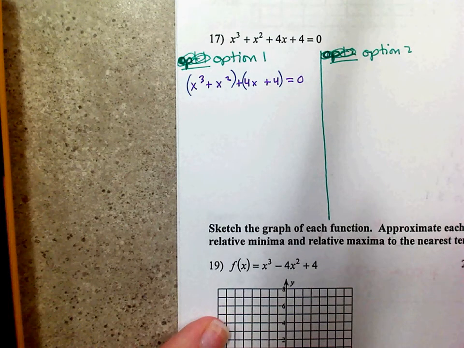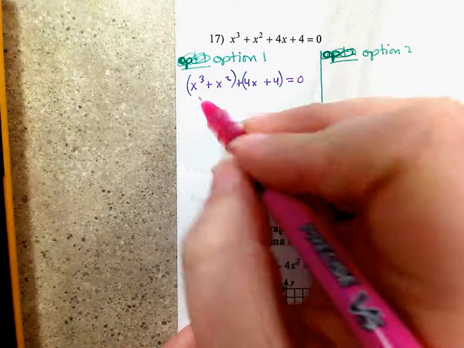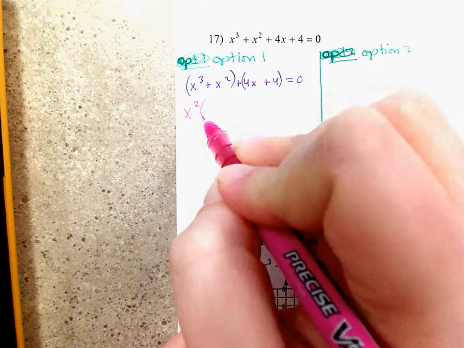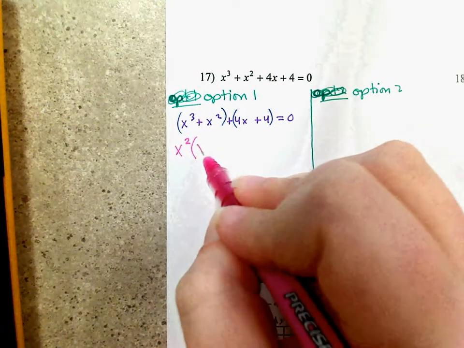Right, find the common factors and factor them out. So what's common between x cubed and x squared? X squared, what am I left with? X plus 1? Okay, what can I factor out of 4x and 4?